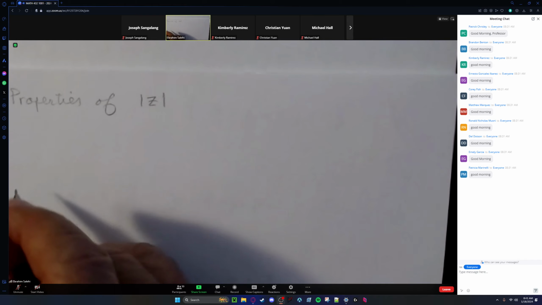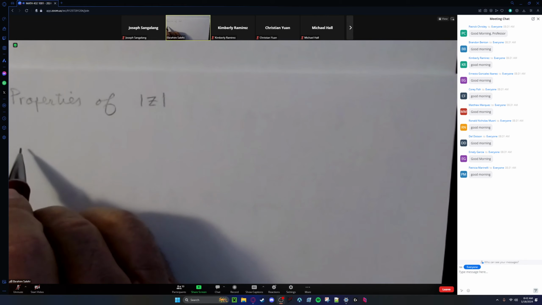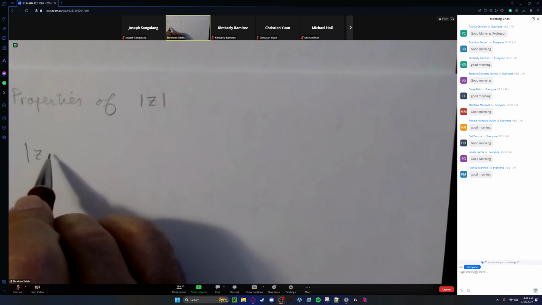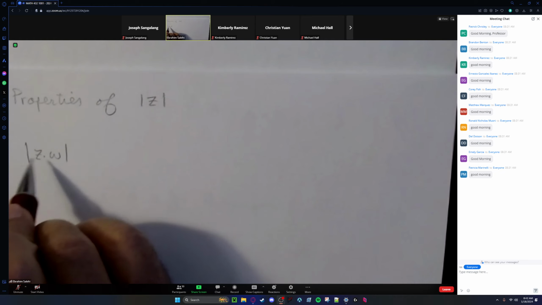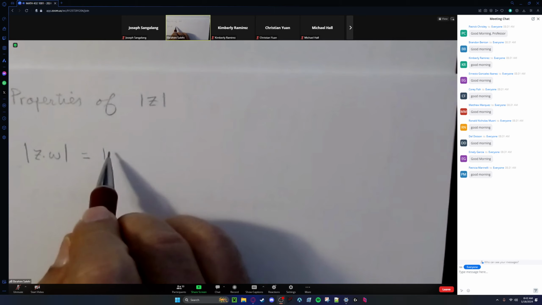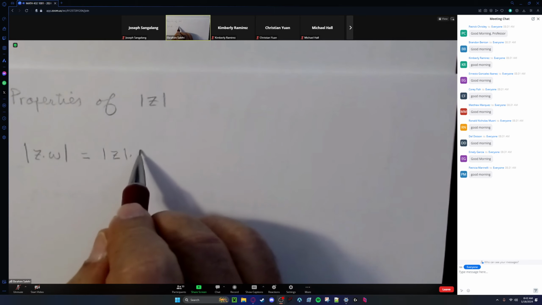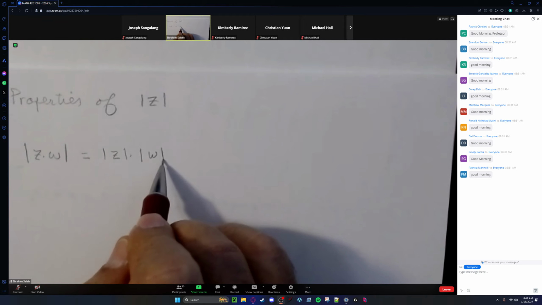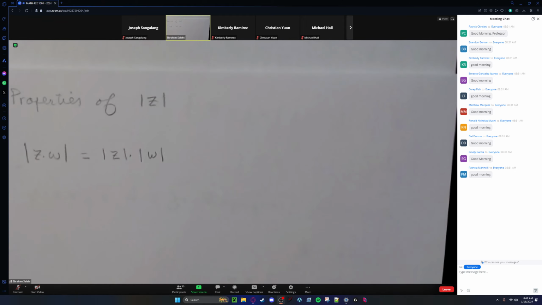Well, the first thing is about multiplication. If you have two complex numbers multiplied by each other, the modulus of this is the product of the moduli. That's a very interesting one, and very useful, by the way. I'm going to give you a bunch of applications for this one. But as before, we can generalize this one.